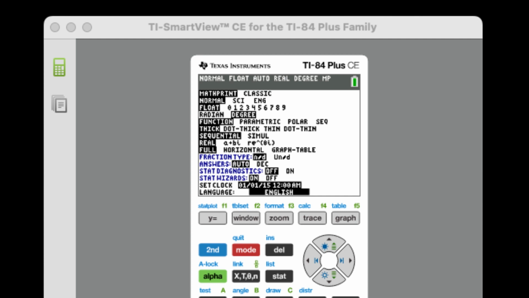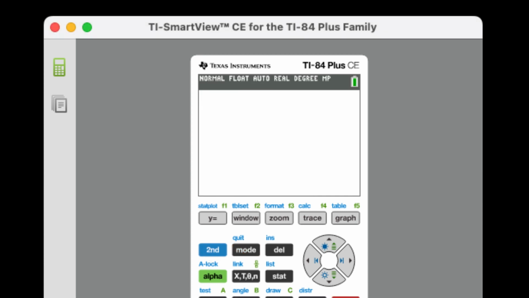Now, where's your inverse sine? Here, it's blue. So if I said second inverse sine, 1 divided by 2, what do you think I get? 30 degrees. It's in degree mode. You guys with me on that?